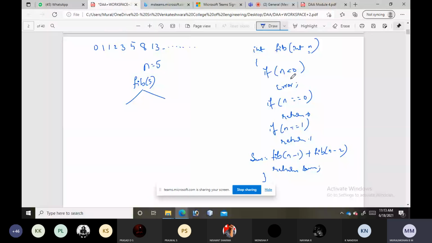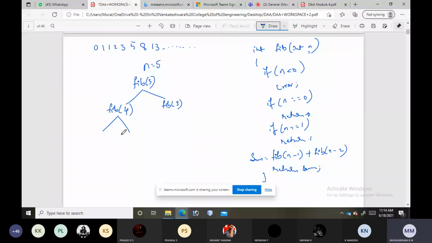No. Is n equal to 1? No. We come to this one: fib of n minus 1 plus fib of n minus 2. What is n minus 1? Again it is fib of 4, and n minus 2 is fib of 3. Again n is greater than 1, so we directly go here.